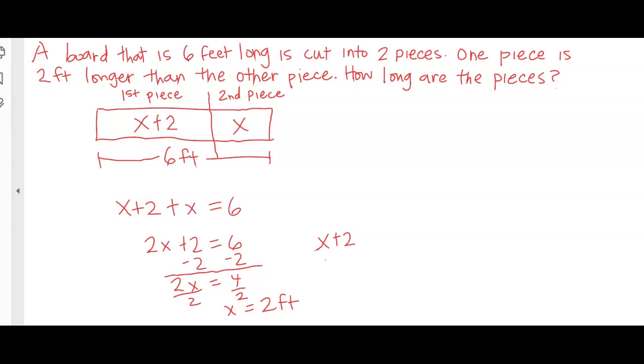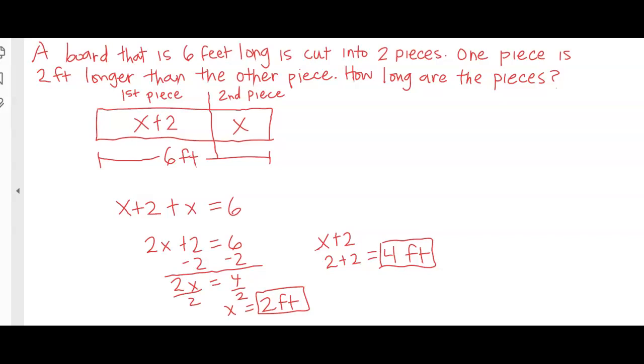So 2 plus 2 gives us 4 feet. Here are our answers: one piece is 4 feet, the other piece is 2 feet, and together they add to 6 feet, which they do. It also goes along with one piece being 2 feet longer than the other.